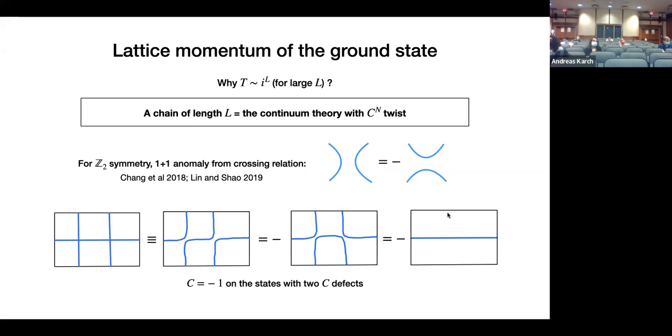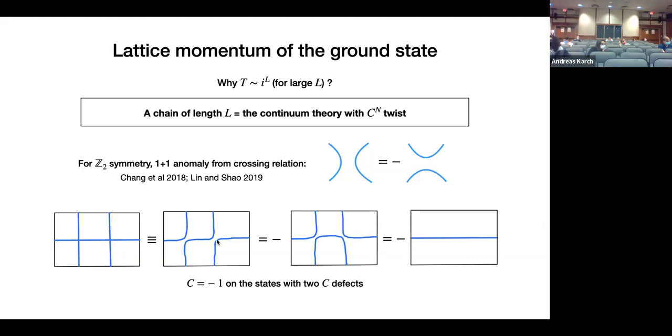With the crossing, we need to resolve them because there's really no meaning of crossings in this 1+1 picture. So we can resolve it in this way. This is the most natural way to resolve it. That gives us some kind of defects wrapping around the torus. And now we can reconnect them using this crossing relation with the extra minus sign. And now the defects are deformed into just a straight line, an operator insertion in the time direction.